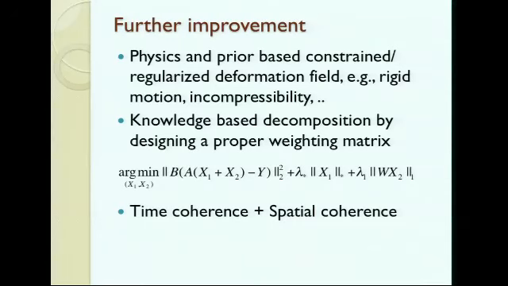Knowledge-based decomposition: basically, the resolution depends very much on your projection direction. If I know I'm shooting the beam in this direction, then I know in what region and in which direction my data are more accurate than others.